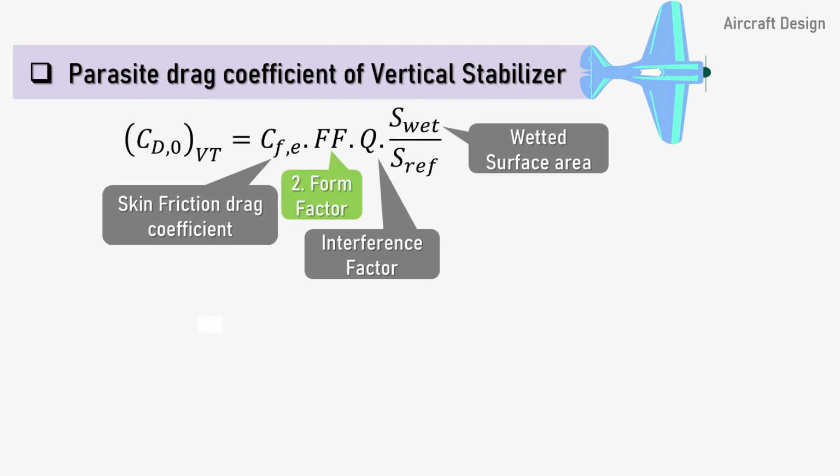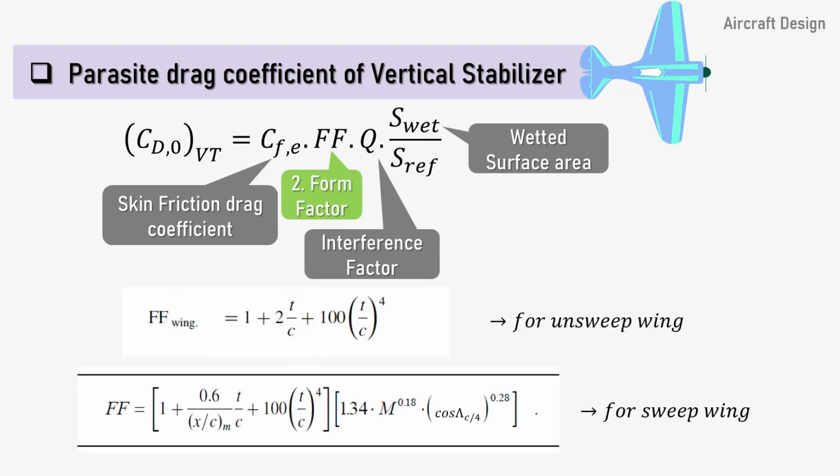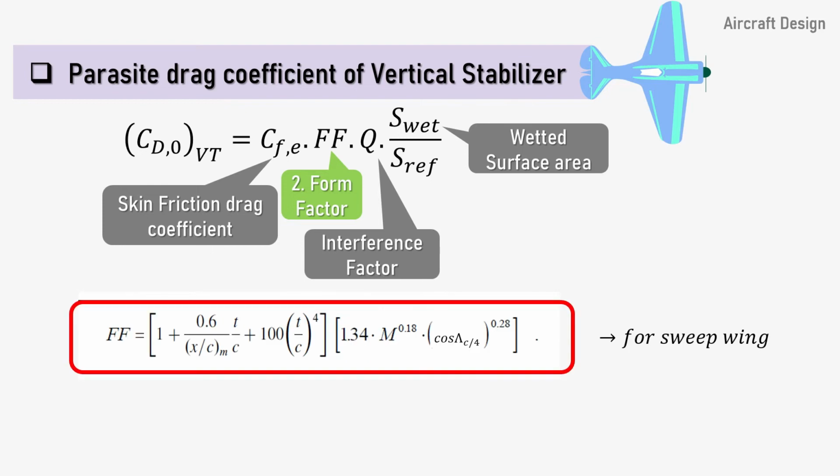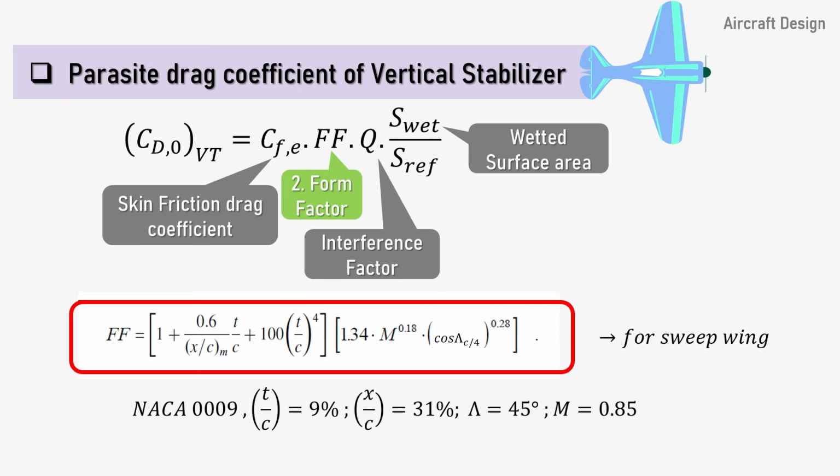Now we need to find the form factor for the vertical tail using this formula, as we have done for the wing, empennage and also the fuselage. We will use t by c around 9% and maximum thickness at about 31% of the chord, and the sweep angle for the vertical tail is about 45 degrees, which we have obtained from the empennage design.